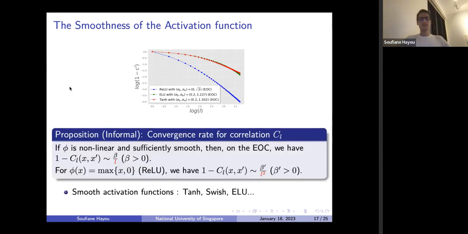Actually, we can prove in this case that if you consider a nonlinear activation function that is sufficiently smooth, and you initialize on the edge of chaos, you can show that the correlation converges to 1 with a rate of 1 over L. While if you choose the ReLU activation function, or for example leaky ReLU, so activations similar to ReLU, this rate is actually 1 over L squared.